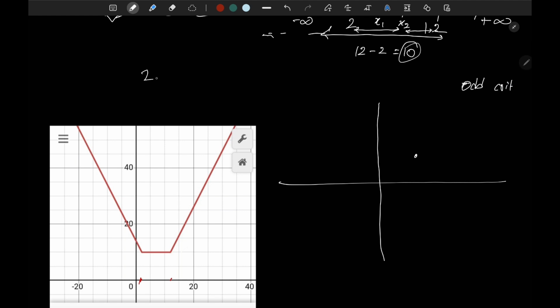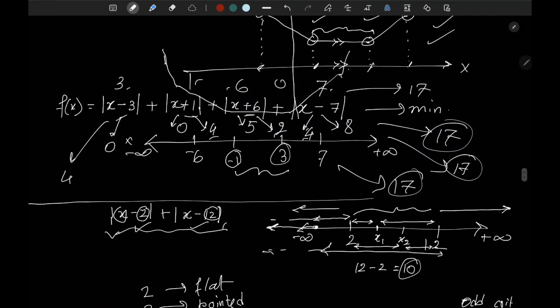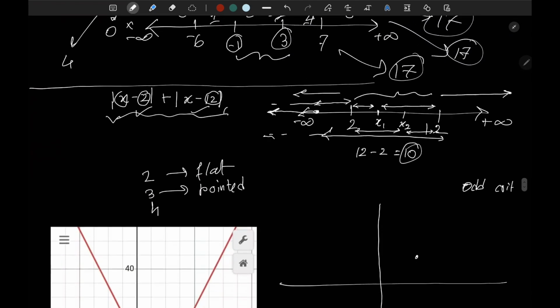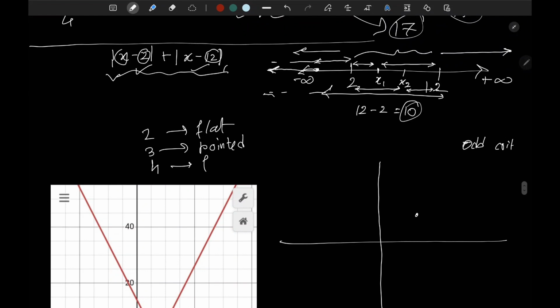In the case of 2, we had a flat bottom. In case of 3, we did have pointed. For 4 we had a flat, and for 5 that means we would have a pointed. The general rule is for odd it is pointed, and for even it is flat.